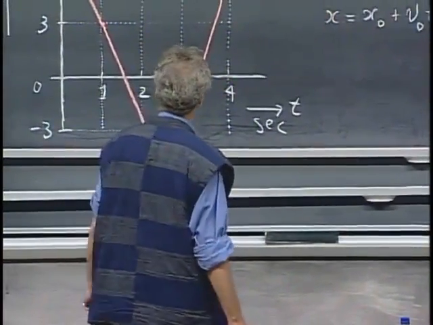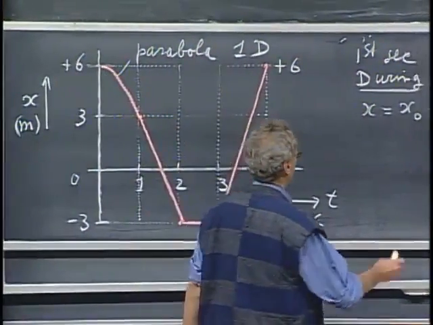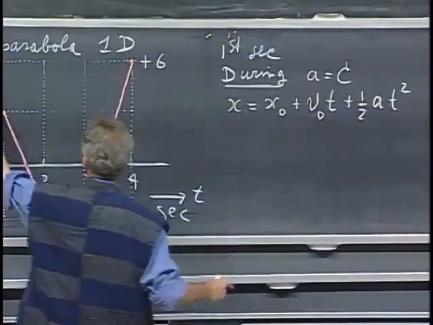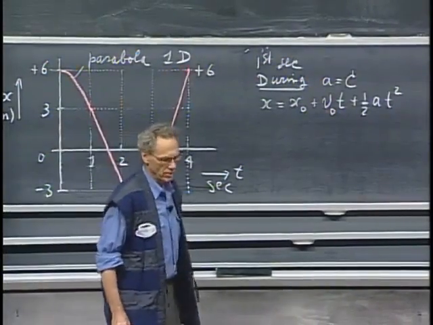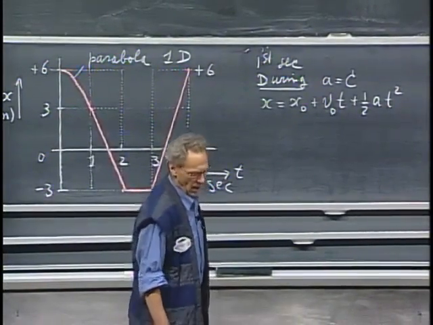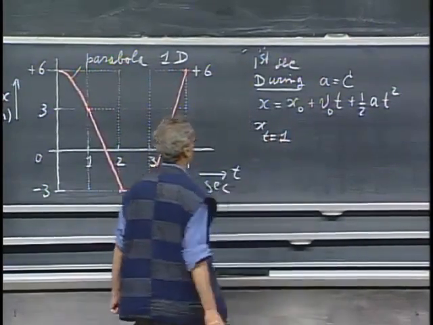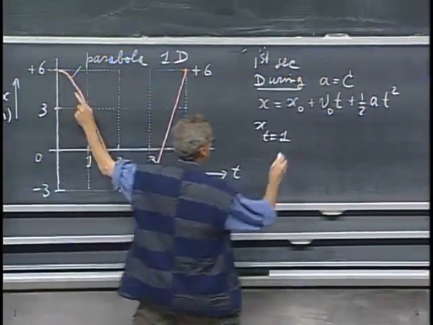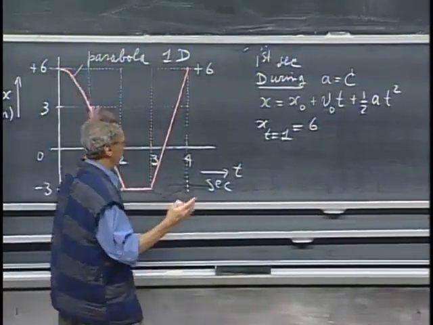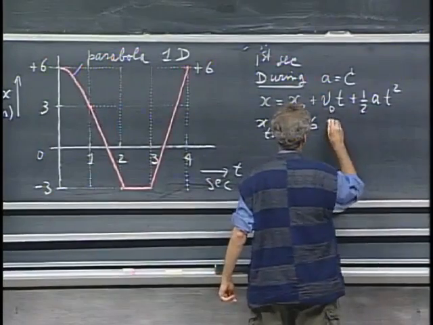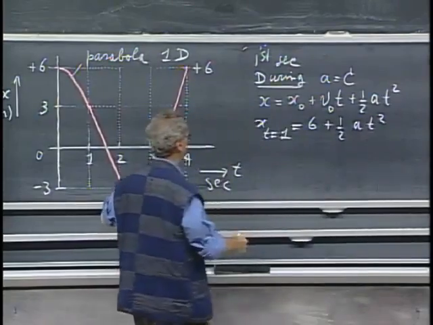All right, what is the velocity here? The velocity starts out to be 0, and the velocity here is not 0 anymore. If I look at time t equals 1, then I have here x0 was 6. It starts out with velocity 0, that's a given. And I get plus 1/2 times a t squared, but this is only 1 second.